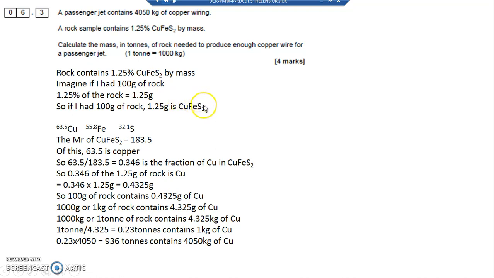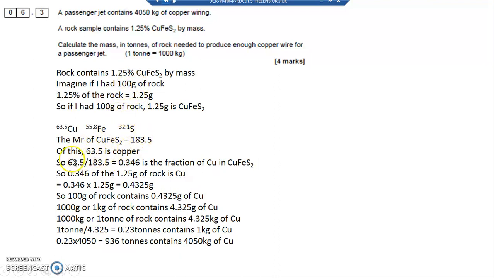Now, if I've got CuFeS2, how much of that 1.25 grams is actually copper? Well, I need to look at the masses of the atoms. The Mr of CuFeS2 is 1 Cu, 1 Fe and 2 S's, so that's 63.5, 55.8 and 2 times 32.1, and it comes out as 183.5. Of this amount, 63.5, the mass of a Cu in there, is copper.